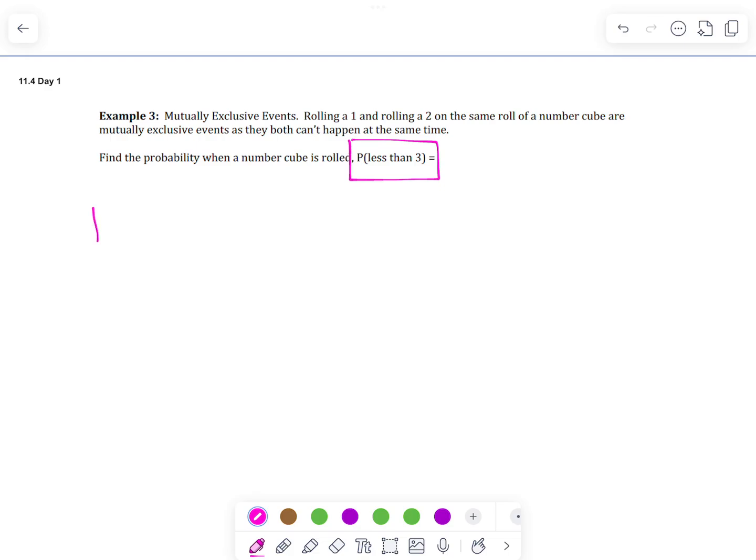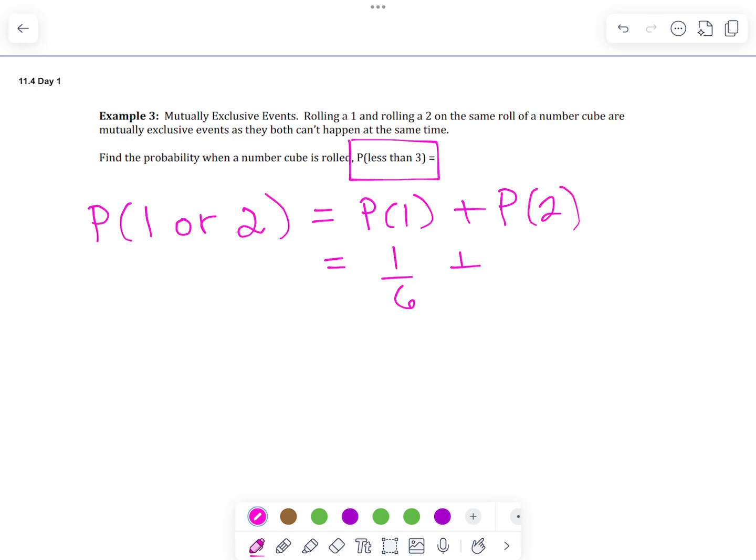So you could get a probability of a 1 or a 2. So what's the probability of getting a 1? Well, that's 1 out of 6. And the probability of getting a 2 is also 1 out of 6. So then what you would do is you'd add the two fractions together and then reduce it.